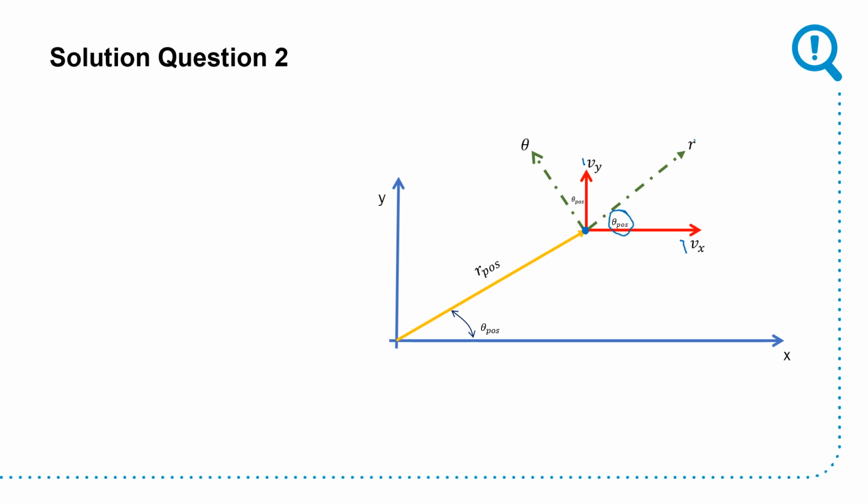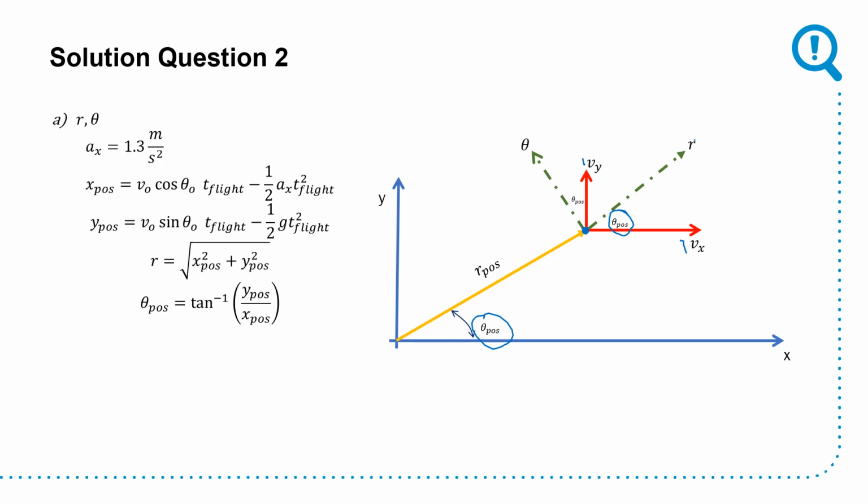So I need to know this theta of position at that time, which, not inconsequentially, is the same as this one. So ax is minus 1.3 meters per second squared. You have the x positive, and because of the way I wrote it, I can just leave that as a positive, so that it becomes negative here, and g is the same thing. You just sort of write it that way.